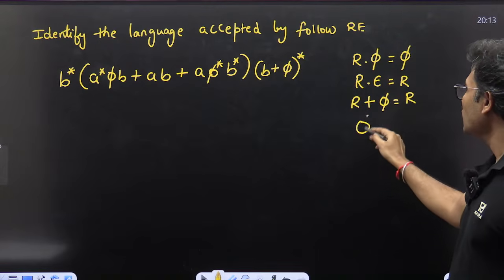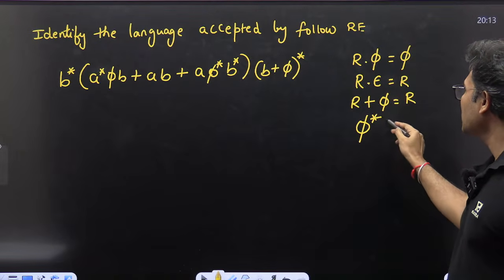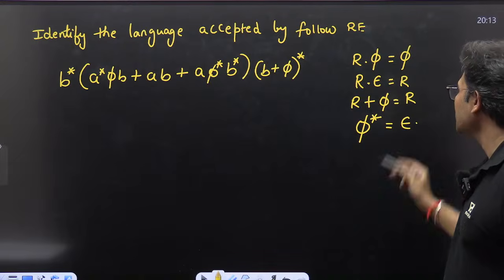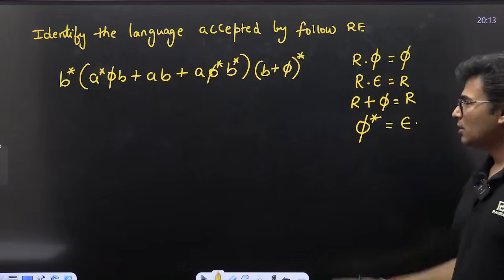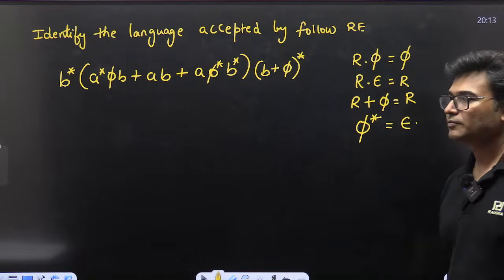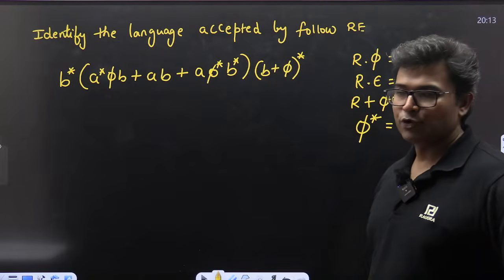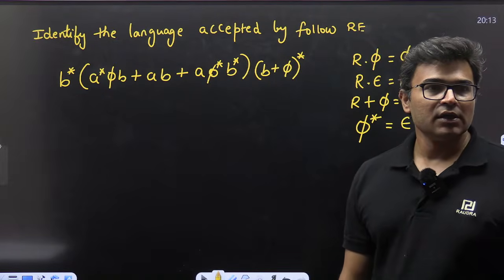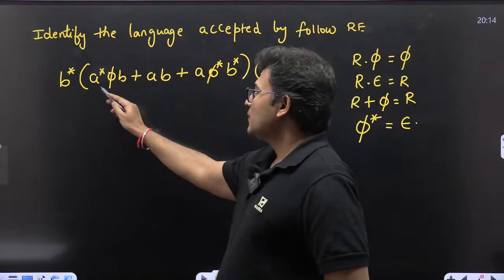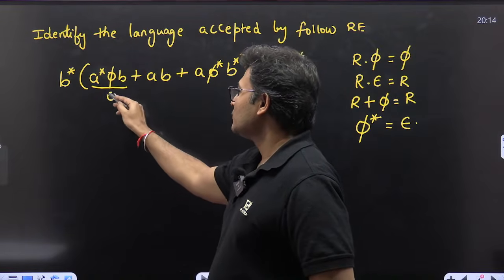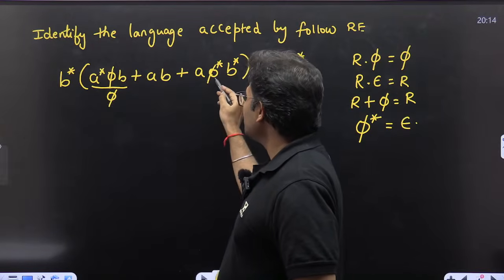And phi star is epsilon. These are the formulas that we have discussed already. You should know these formulas. So anything concatenated with phi becomes phi, and phi star is epsilon.